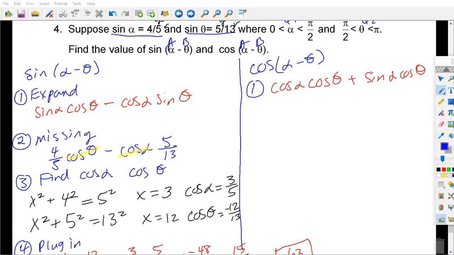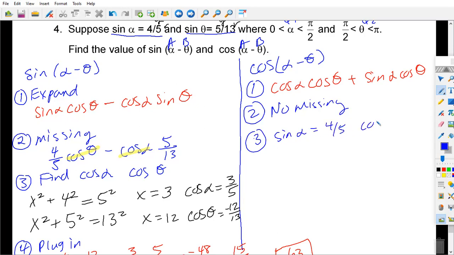So step 2 is to figure out what you have missing. Do we have anything missing or do we have knowledge of everything? No missing. And so therefore we already have all of our values. So just to write them out, our sine of alpha equals 4/5. Our cosine of alpha equals 3/5.